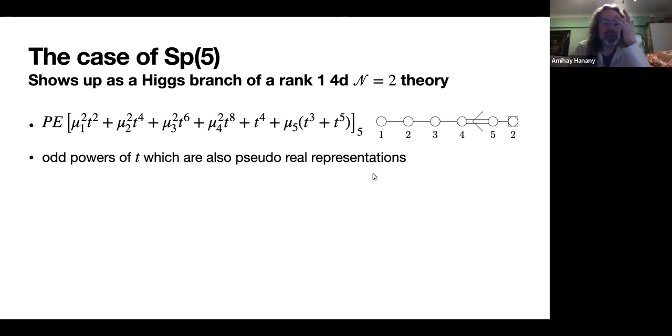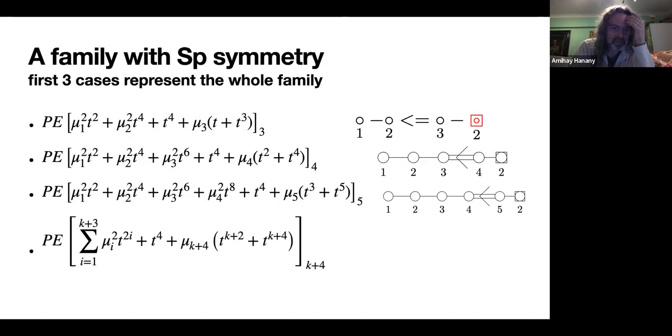Okay, so we have this family. Let's look again at the family. This family for any k has three cases to consider. K equals -1, where the moduli space is freely generated. K equals 0, where there is an enhancement of the symmetry, and the moduli space is a minimal nilpotent orbit of some algebra, in this case E6.